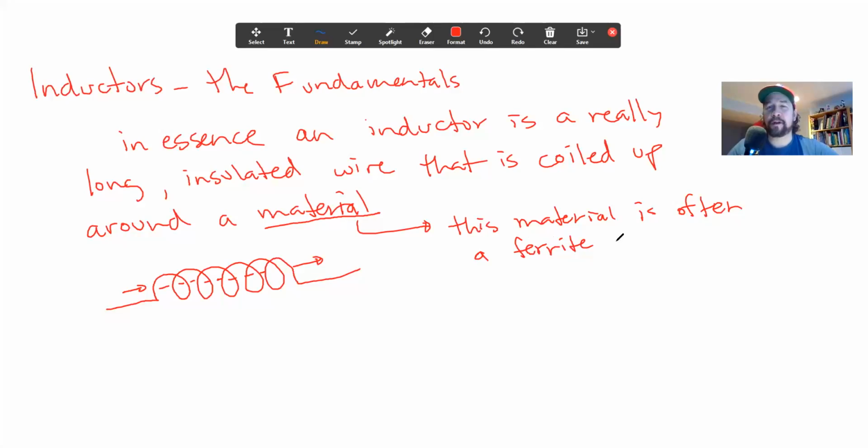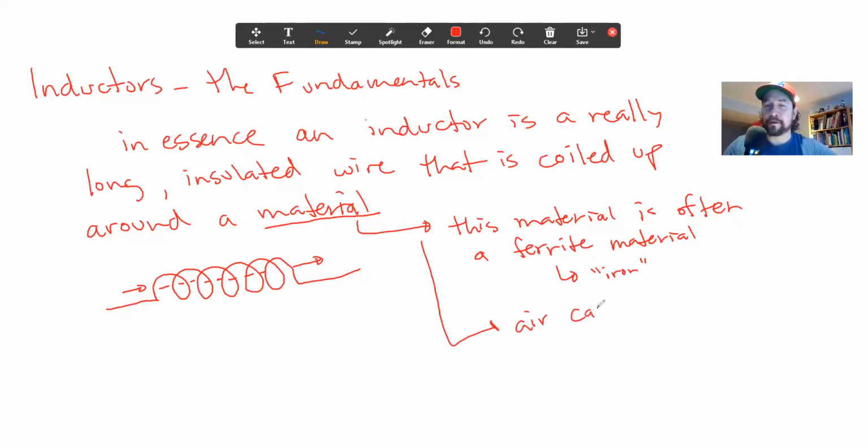This material is often a ferrite material. In essence, it has iron in it and is affected by magnetic fields. It doesn't have to be this, that's why I'm saying it's often.